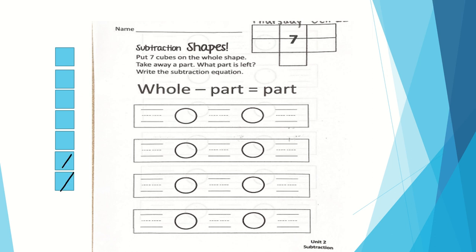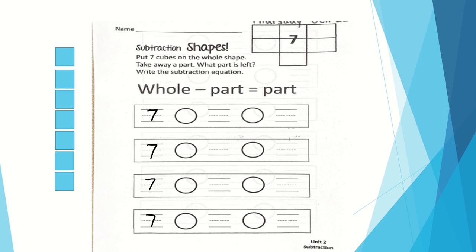I've got 1, 2, 3, 4, 5, 6, 7. You are always going to start with the number 7. So that is always going to go right here on your paper. And we're going to be taking away today. So when you have your 7 cubes on this side, I want you to break off some of them.